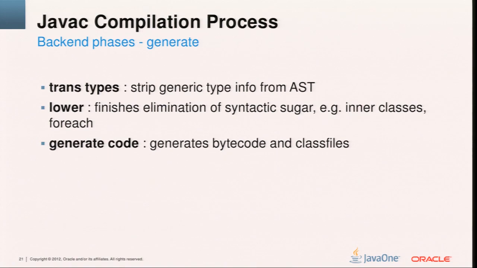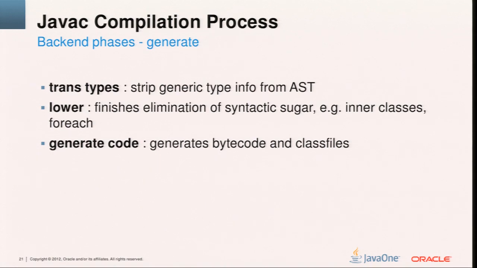There are no classes that take a type parameter, there are just classes. Then there is the lower phase, which basically converts the current 1.6 source code into, I think, 1.1 source code, stripping for each loops.